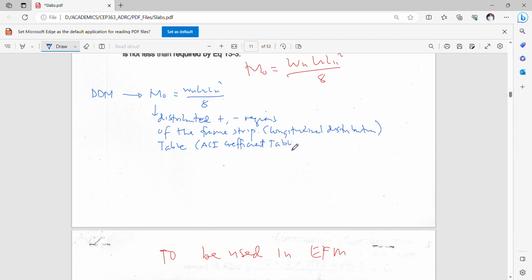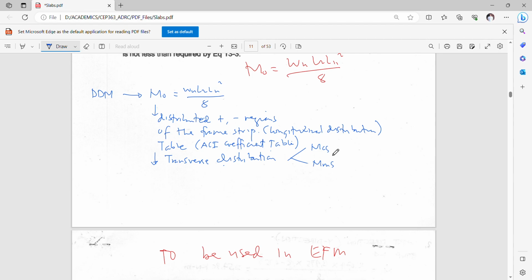After doing this distribution, we move into the transverse distribution. The transverse distribution will be done by recognizing that we have to divide these static moments along the positive and negative regions of the frame into the column strip and the middle strip.